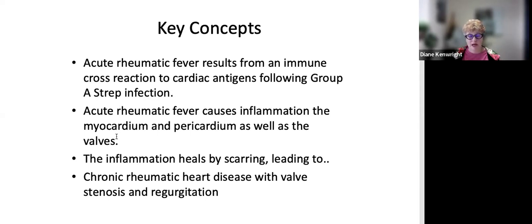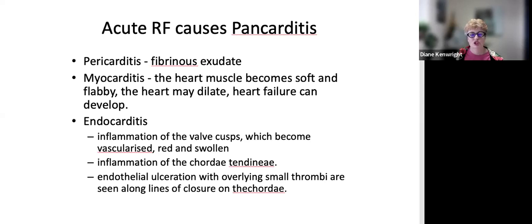It affects 4 parts of the heart, the valves, the myocardium, pericardium, endocardium. That's 4, should have said 4. Inflammation heals by scarring, leading to rheumatic heart disease with stenosis and regurgitation. It is a pancarditis, yep.